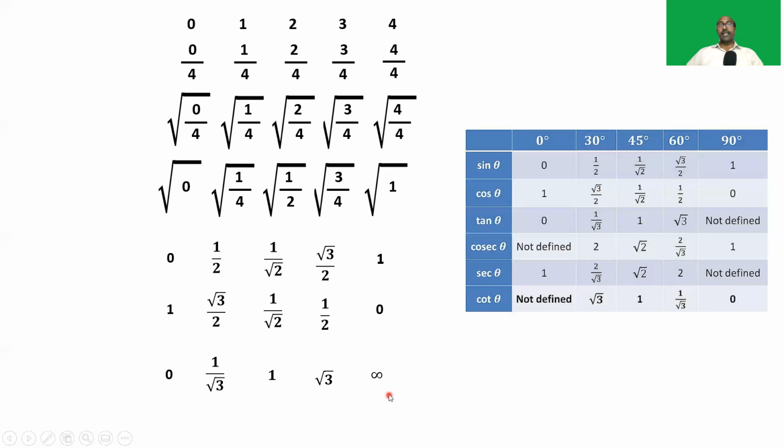And 1 by 0 is undefined. Okay, students, so we got the values for tan also. And by writing the multiplicative inverses of all these values, we get the values for cosec, sec, and cot also.